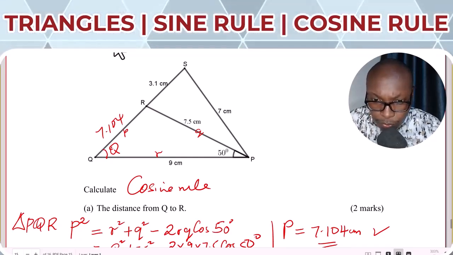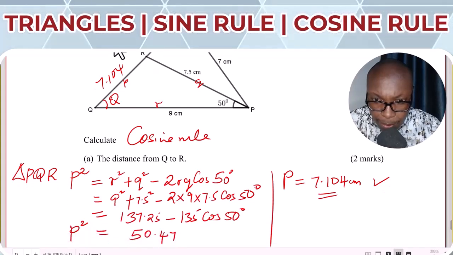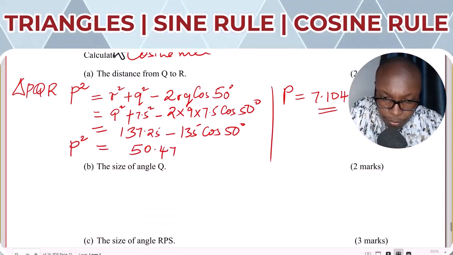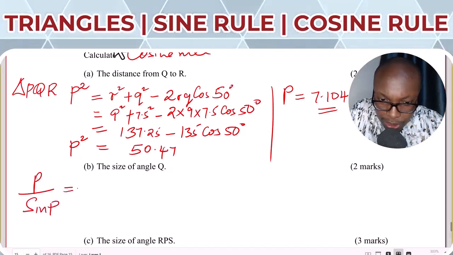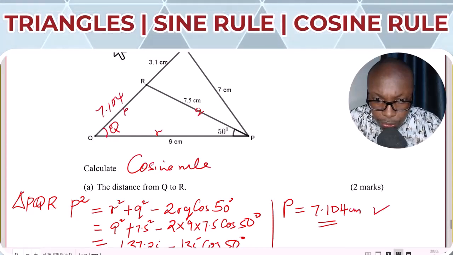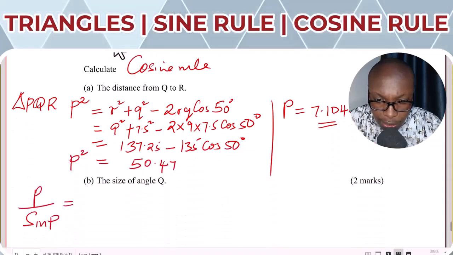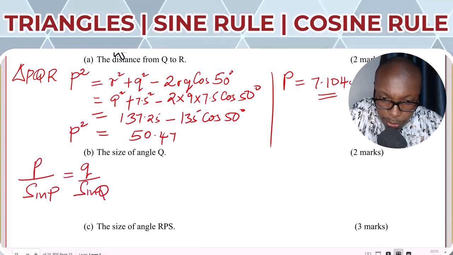So from this triangle, the sine rule, I will have P divided by sine of P, is equal to Q divided by the sine of Q.